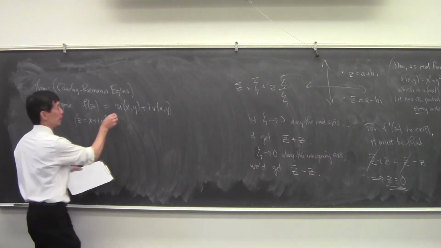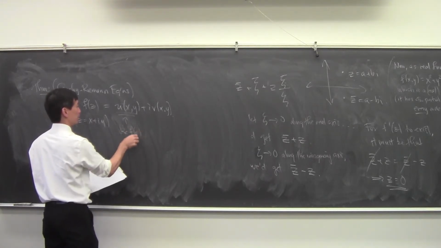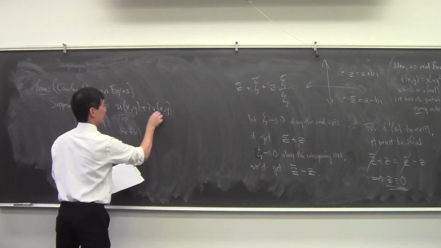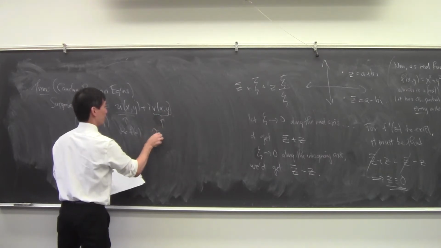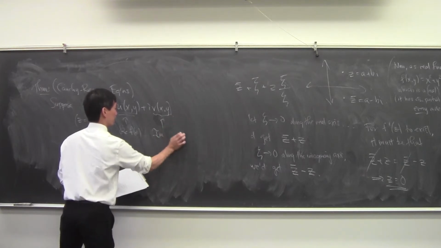This u is the real part of your function, and this v guy is the imaginary part of your function.